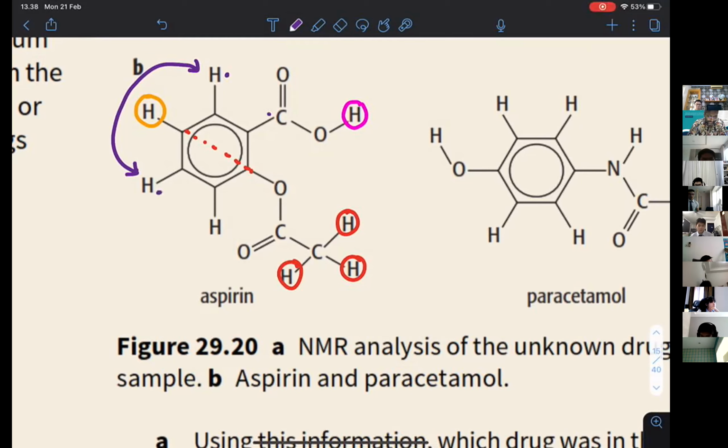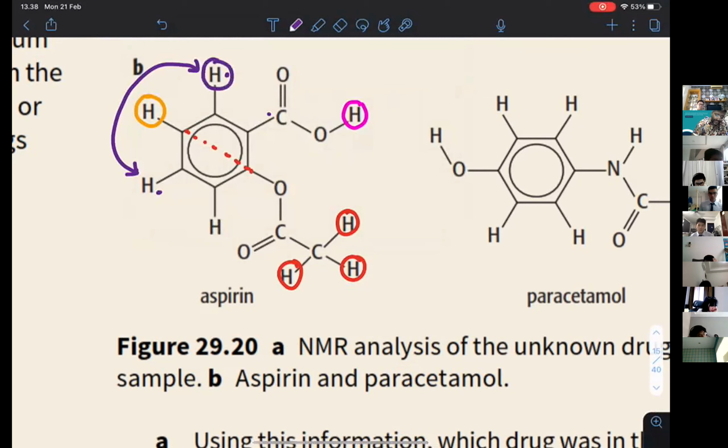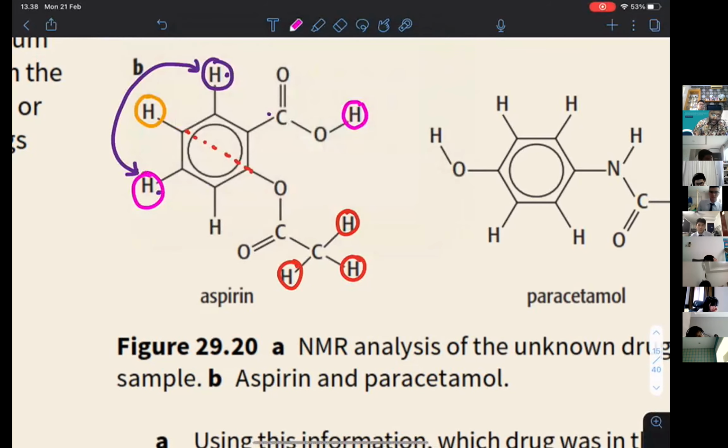Does this hydrogen have any neighbor connected to carboxylic acid? No. In this case, this is going to be a different environment, and this is going to be a different environment. They are not the same.